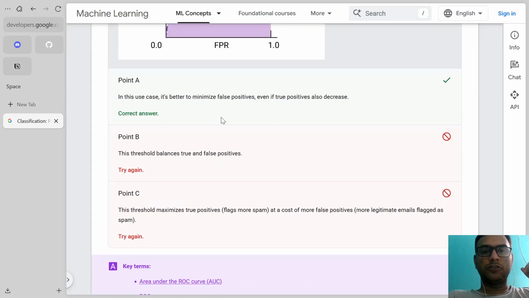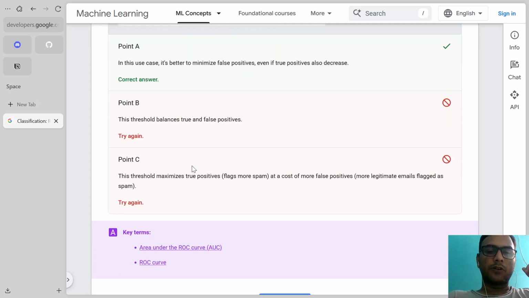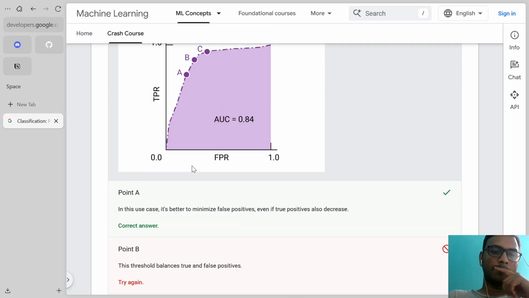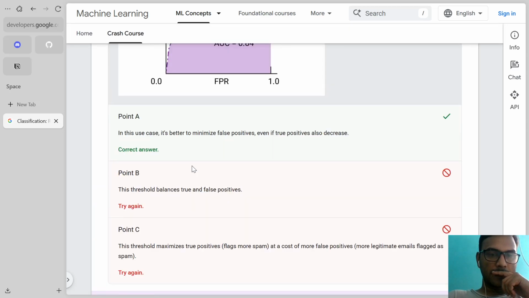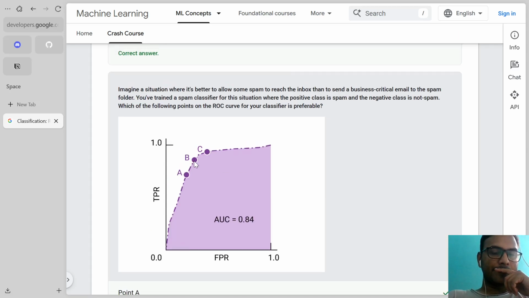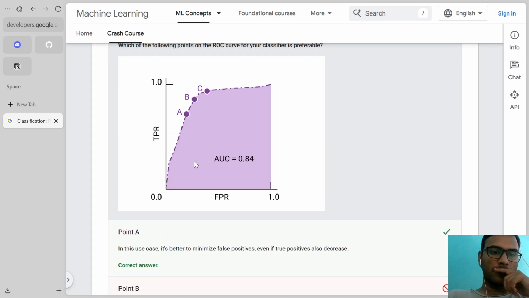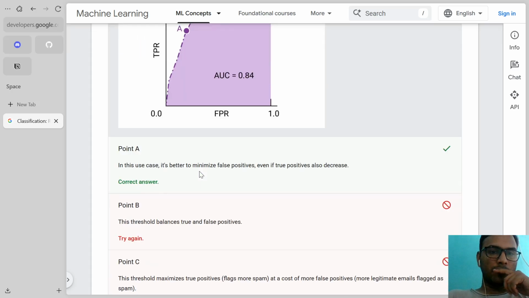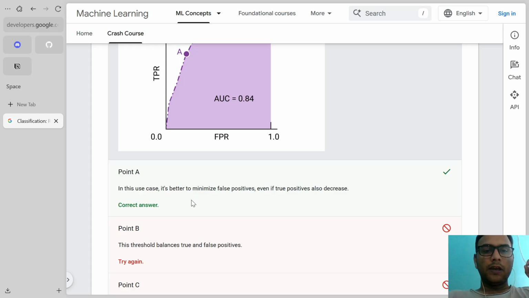I've understood the question, but I have not understood this perfectly, the points A, B, C.